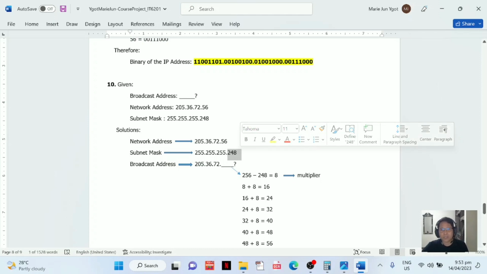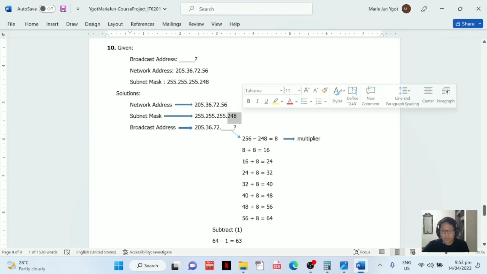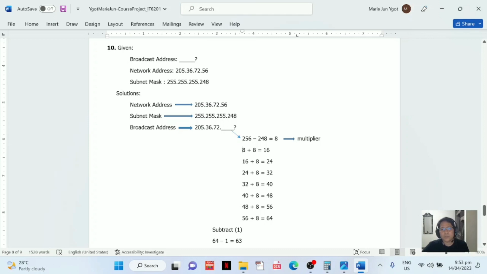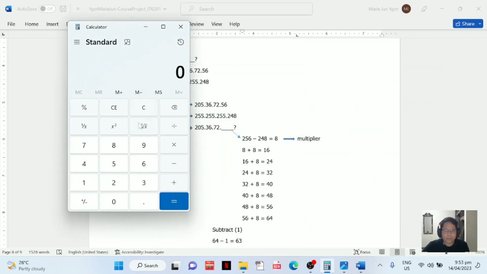We need to solve this one using our formula, which is 256 minus 248. We need to subtract 248 from 256. So 256 minus 248 is 8. Let me check again. 256 minus 248 is equal to 8.